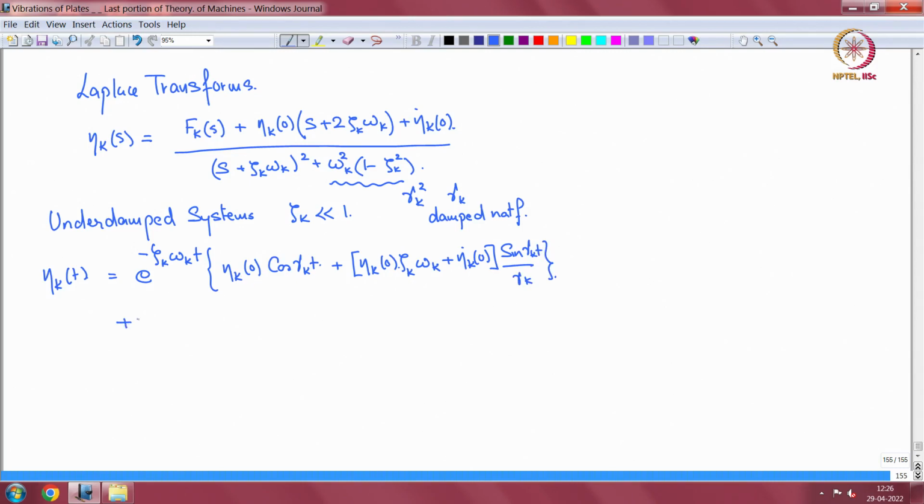Then we have the convolution integral due to the force, which is integral from 0 to t of f k of tau, e to the power of minus zeta k omega k t minus tau, sin gamma k t minus tau d tau.